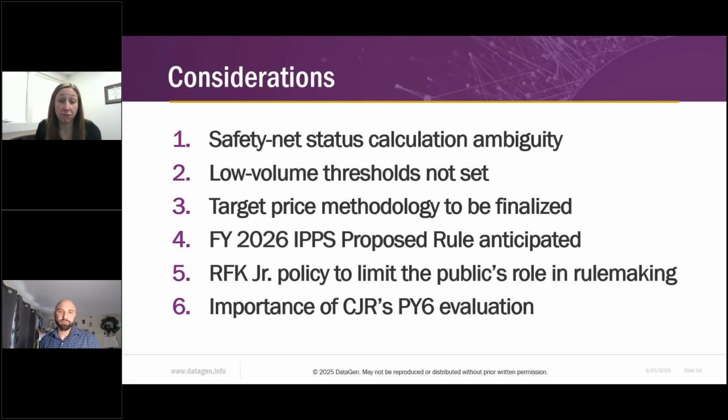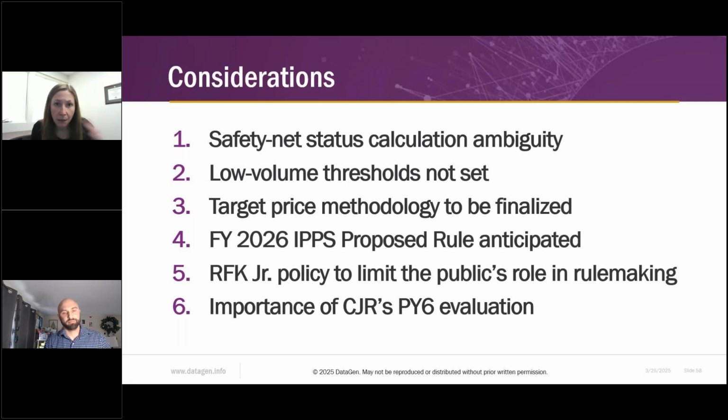That was a really low and harsh low volume threshold policy, and a lot of industry stakeholders pushed against that rule. So when the last final rule came out, CMS basically said, we'll take it into consideration, and they pushed it out for this rulemaking season. So that is something that we're hoping to see resolution for.